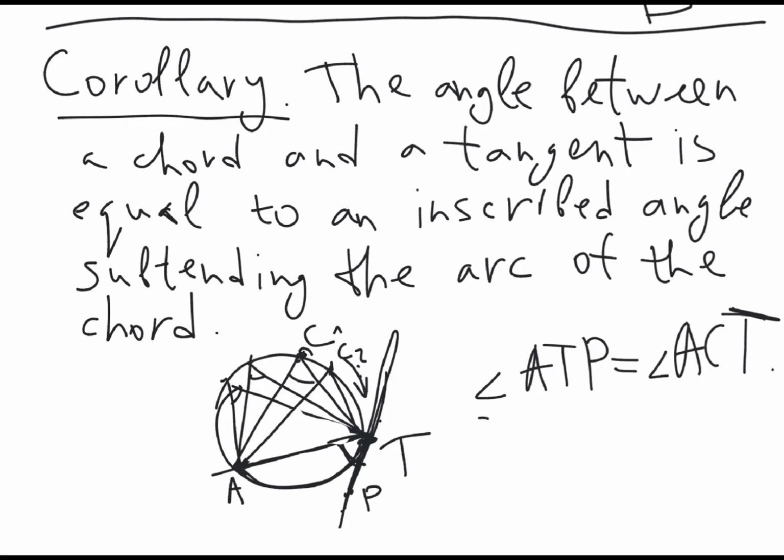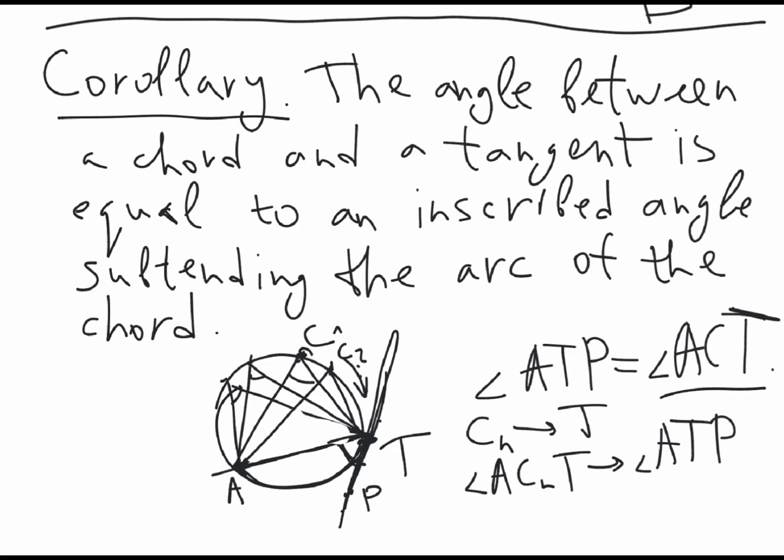When the sequence Cn tends to T, then the inscribed angle ACnT would actually tend to the angle ATP, because the chord CnT gets smaller and smaller when C tends to T.